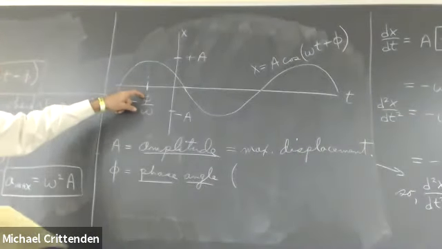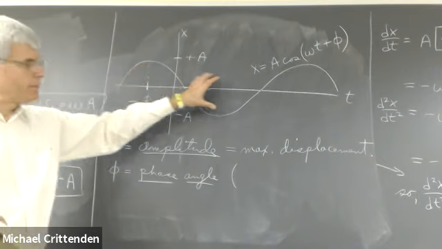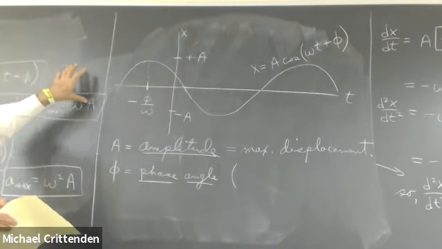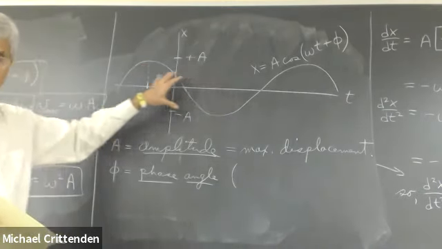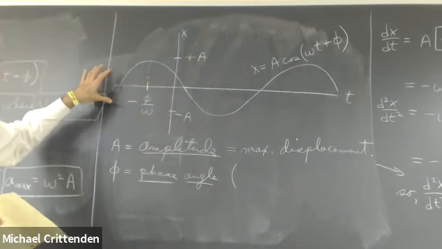Different values for the phase angle would take this curve and shift it horizontally one way or another along the x-axis.